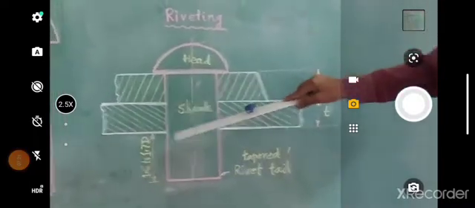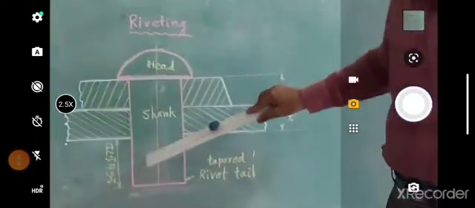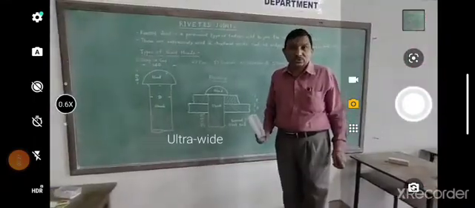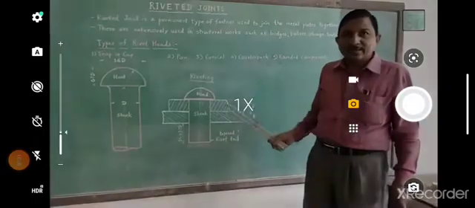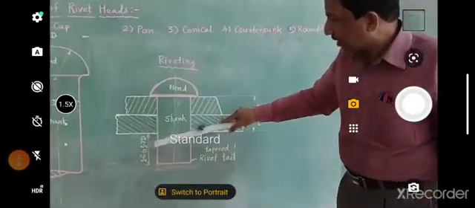For this, usually a hydraulic or pneumatic riveter is used. A riveter is the machine used for the riveting operation.